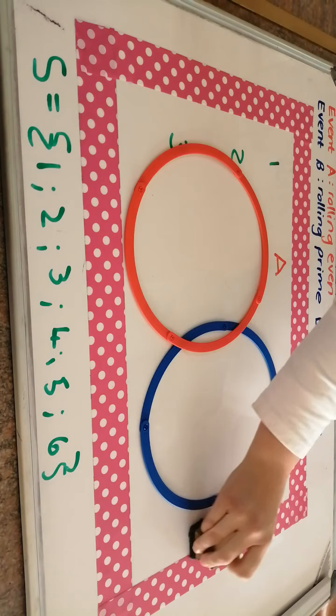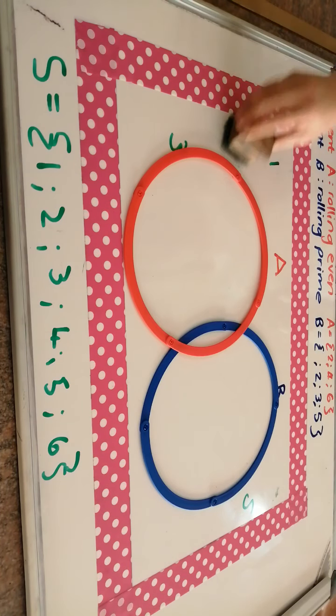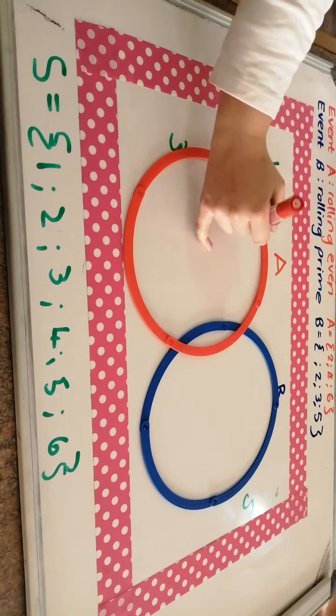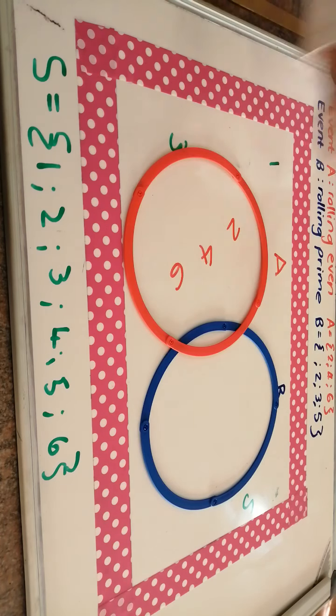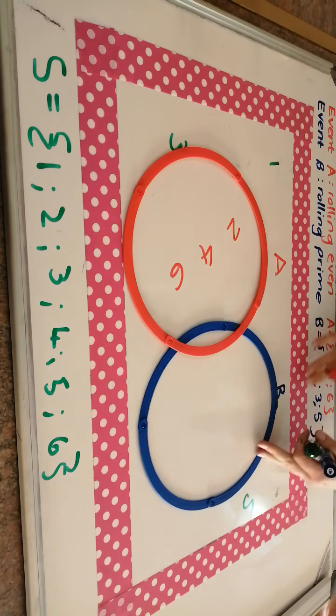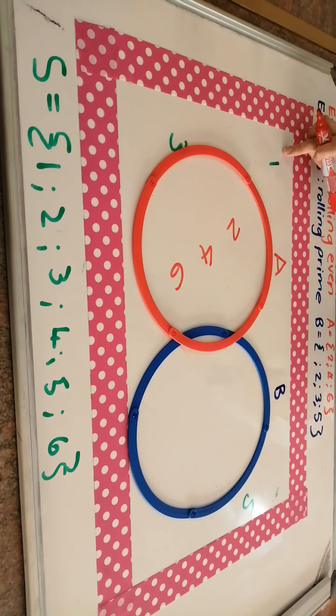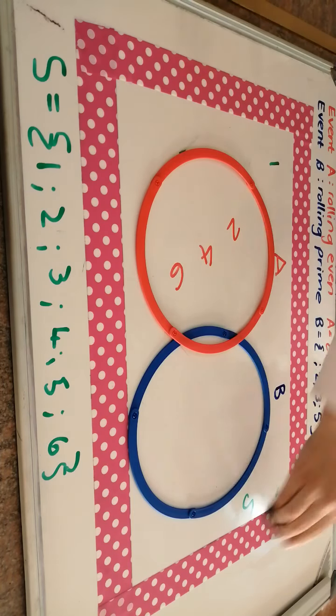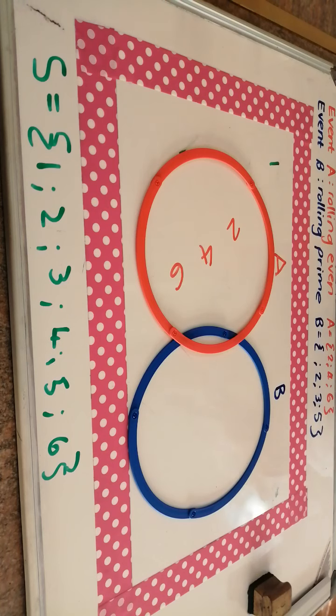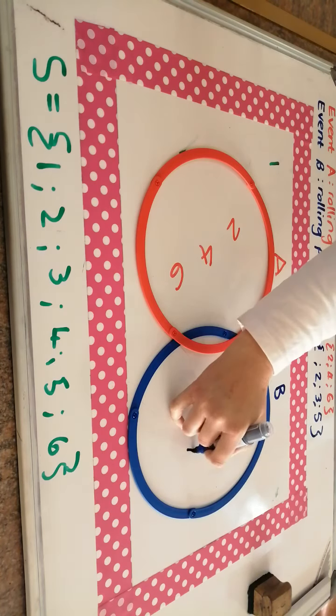So we're getting rid of 2, 4, and 6. And we're putting them into event A. Okay? And the numbers that are prime are 2, 3, and 5. So 3 and 5 I can put into event B. There's 3.